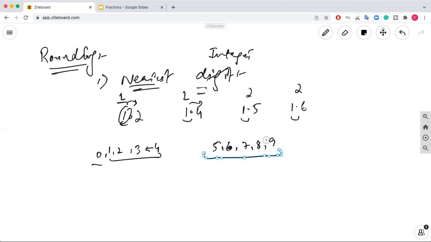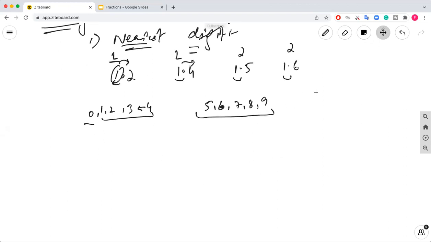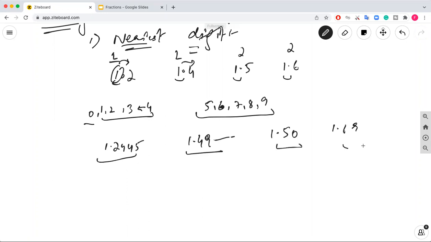If I incorporate some more digits, let's suppose we have 1.2445, 1.49 and so on, and then 1.50 and 1.69. If I round these to the nearest integer, will the result be the same as above, or is there any change? Anyone? I'm rounding to the nearest integer now.